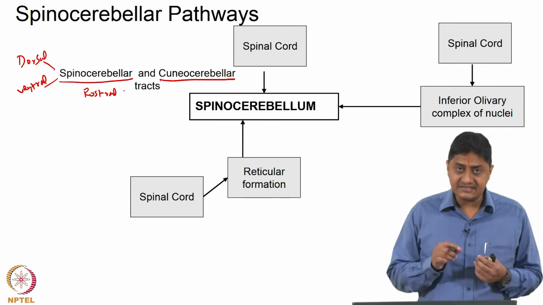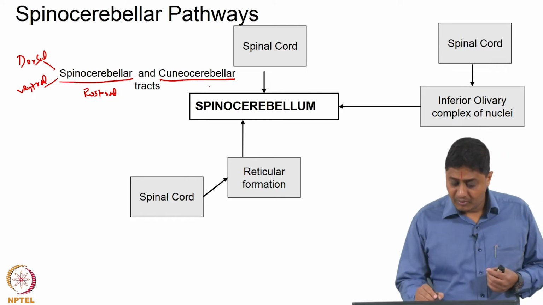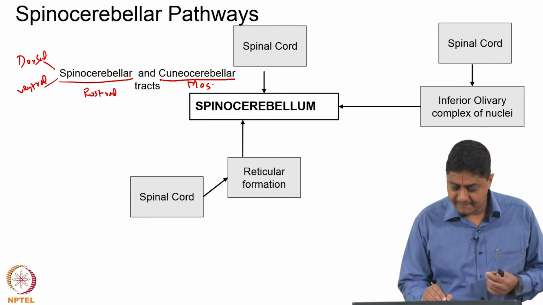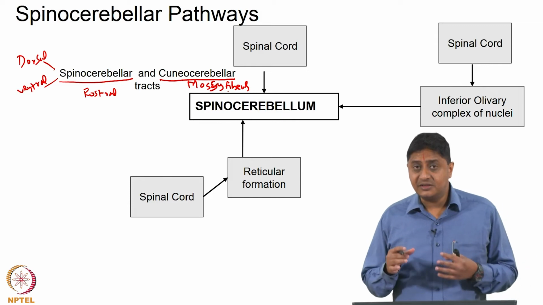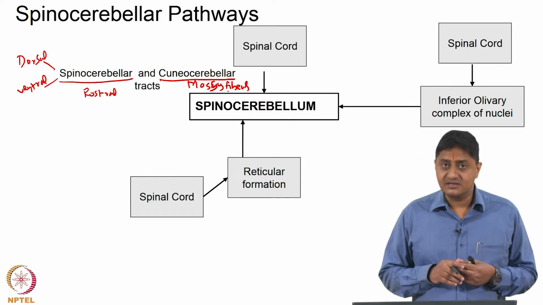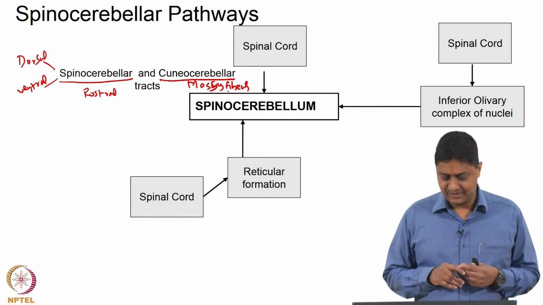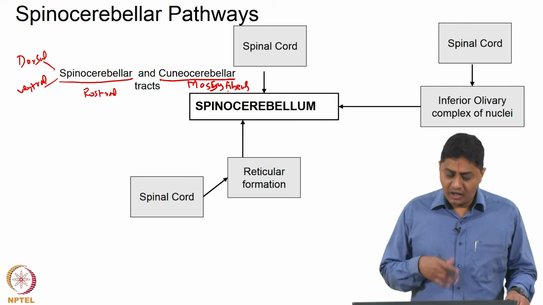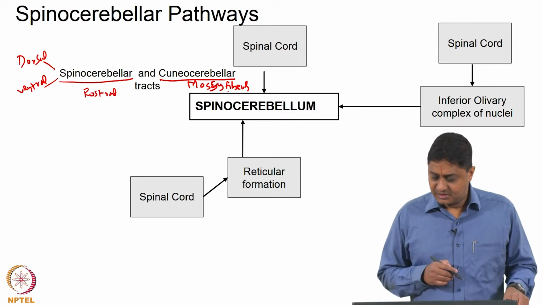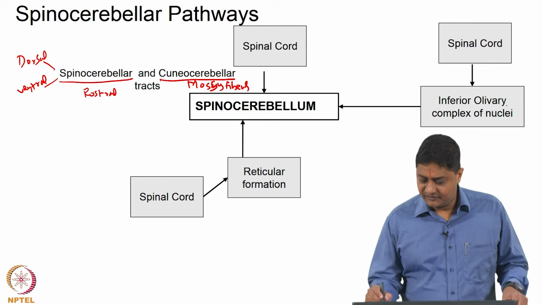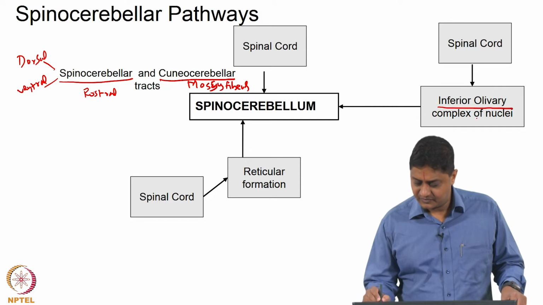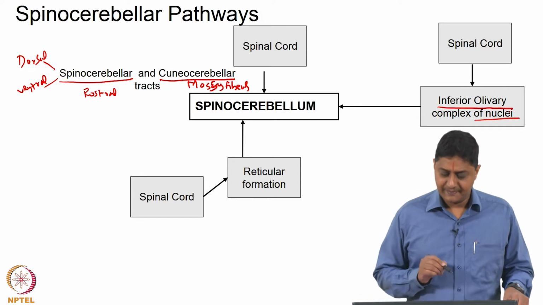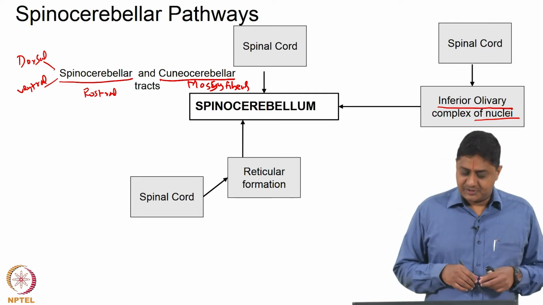So, that means these neurons become mossy fibers and project to the vermal and the intermediate zones in the cerebellum, or the spinocerebellum. These are the mossy fibers that project to the spinocerebellum, right. Also spinal cord projects to the inferior olivary complex nuclei. From there obviously there is projection to the spinocerebellum.